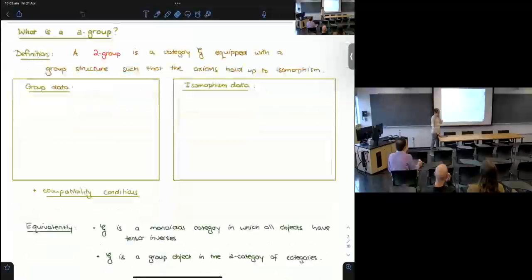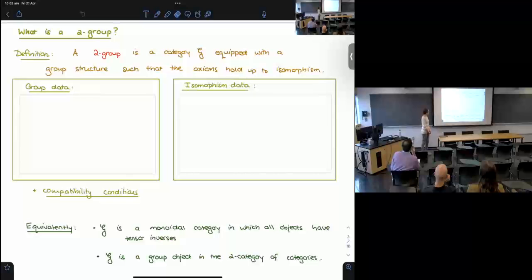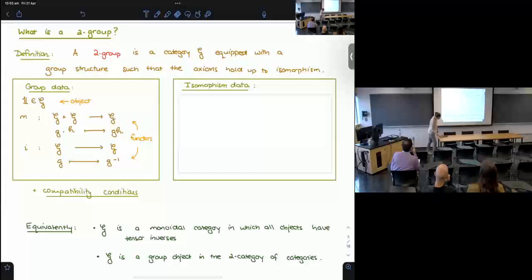So first, before we get to any smoothness, what is a two group? It's a categorical notion of a group. Instead of having a set with multiplication, we have a category with multiplication, but the axioms should only hold up to isomorphism. The data of a group normally is an identity element, a multiplication operator, and something that takes inverses.